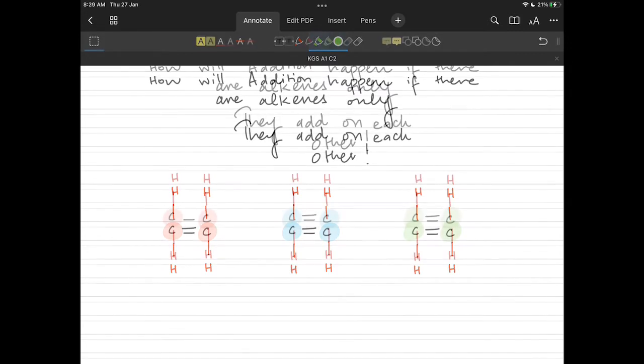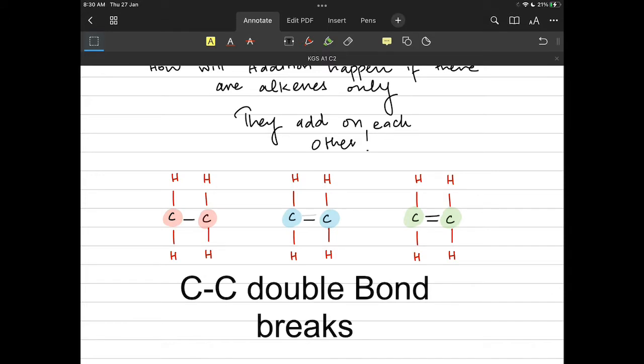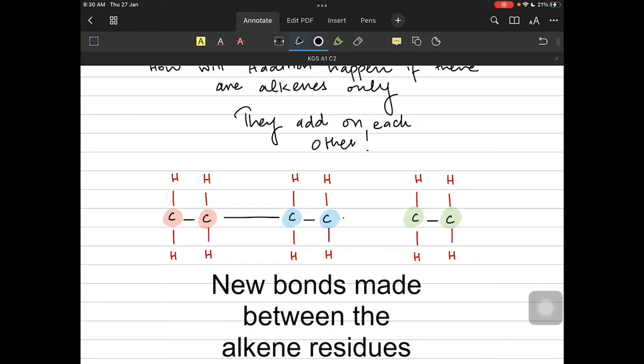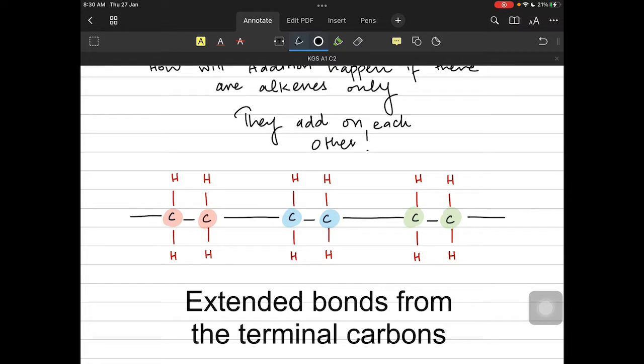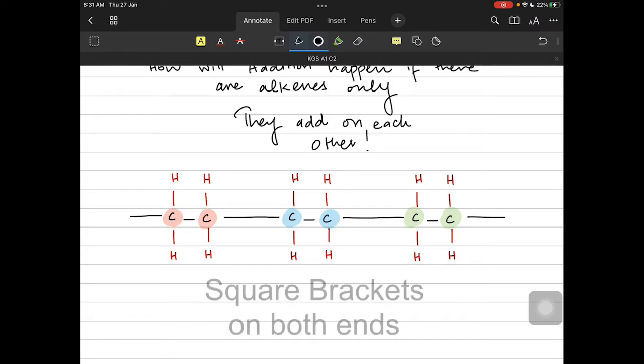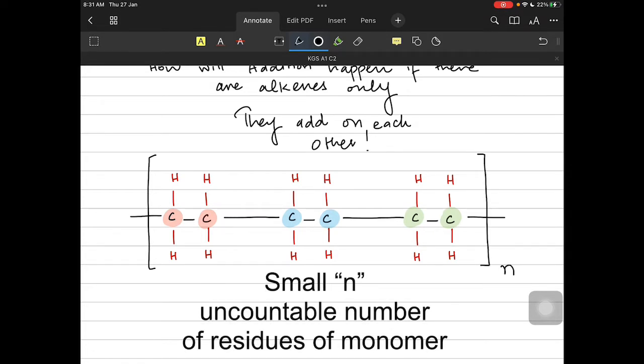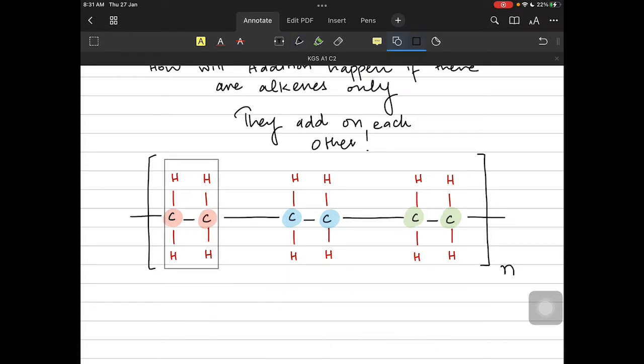Now these are three different ethene molecules, and when the carbon-carbon double bond breaks down, these molecules join on each other, and the ones in the corner make extra bonds from the corner to show that this reaction can continue with multiple molecules. We draw square brackets around this combination and we write a small n to show that there can be multiple molecules.